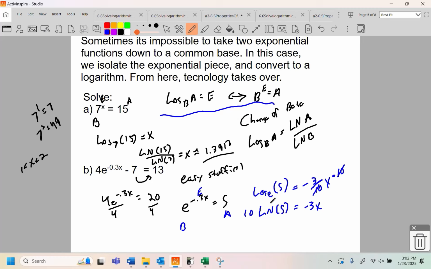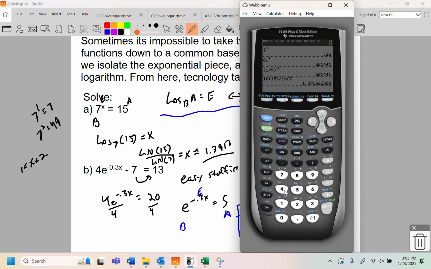Cancel, cancel. And then I'm going to divide by 3. And it was a negative 3. There you go. Negative 10 natural logs of 5 over 3 is your answer, and it is as pretty as it's going to get. So negative 10 ln's of 5 sitting pretty over a 3 is the correct answer. It's about negative 0.53648.